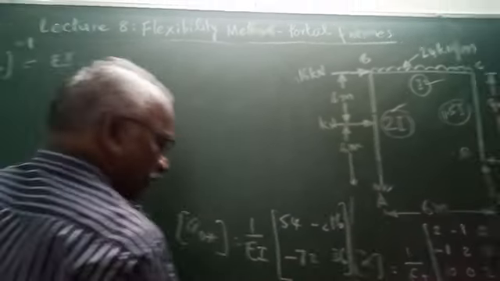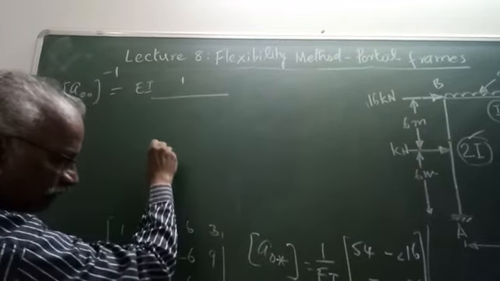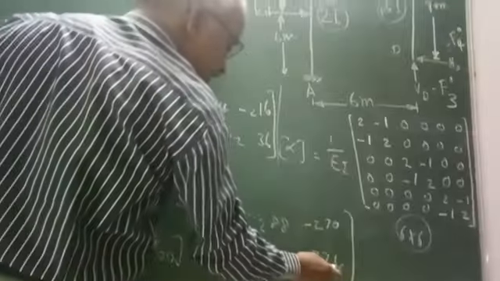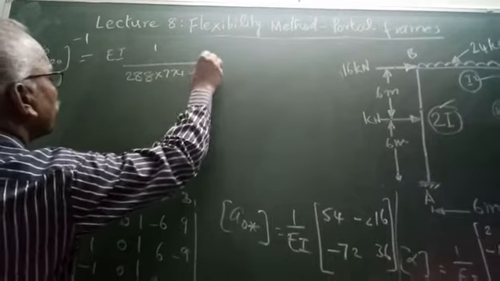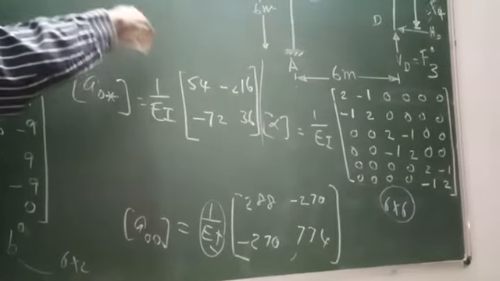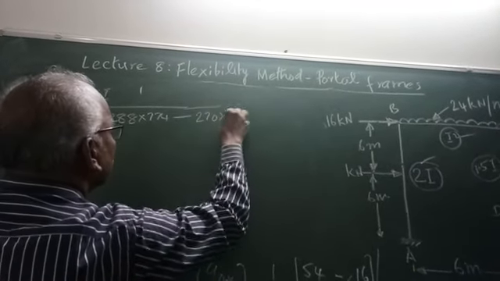The determinant is 288 into 774, minus 270 into 270.